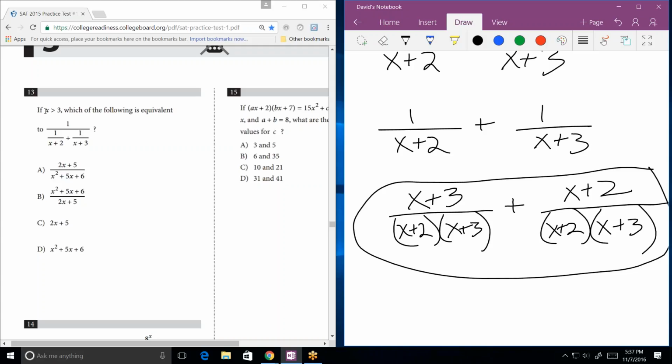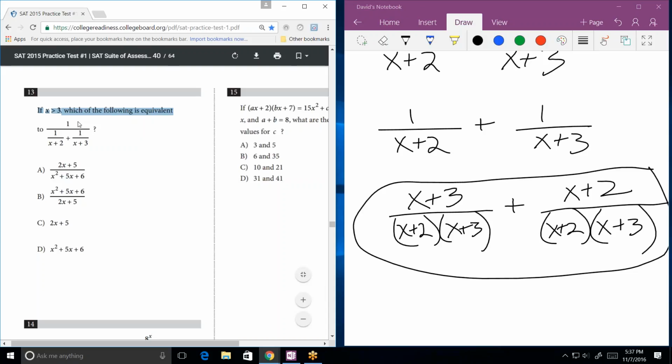It's a bit confusing. You're almost better off ignoring that because it really doesn't have anything to do with the solution. If I crossed that out and they just said, which of the following four expressions are the same as this expression, the answer is still B. I don't need x to be greater than 3.